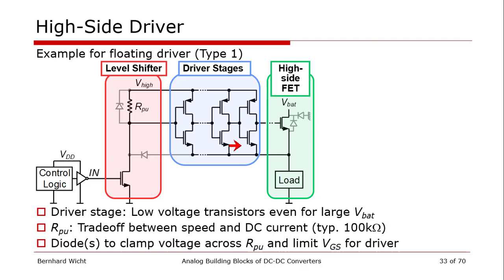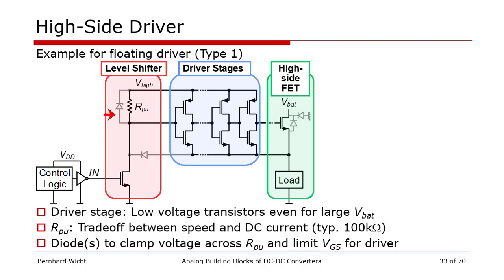So the driver can be, again, formed by multiple stages of inverters, and key care-abouts are the resistor value. If the resistor is too low resistive, of course we have fast switching then, but we load the V-high supply a lot, and we want to optimize that. And typical values of this resistor are 100 kilo ohms, then everything is fine.